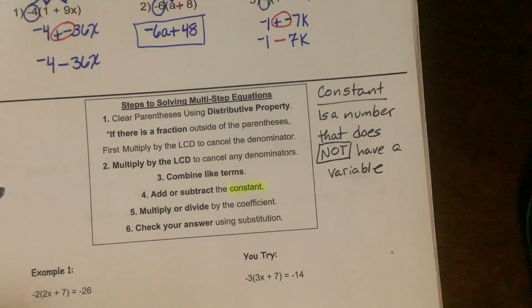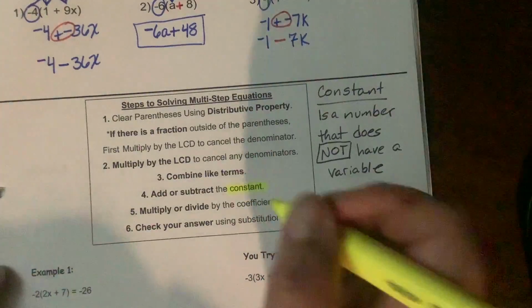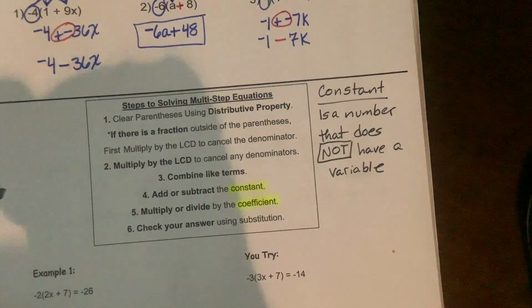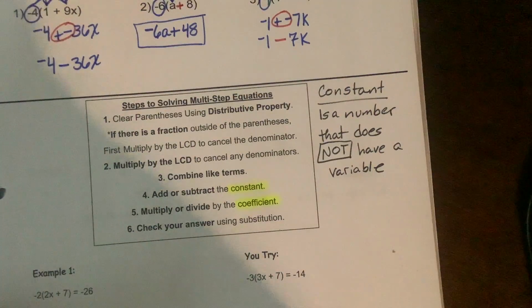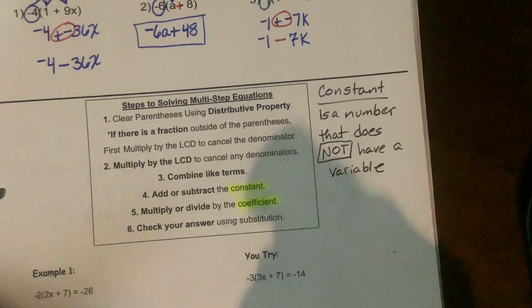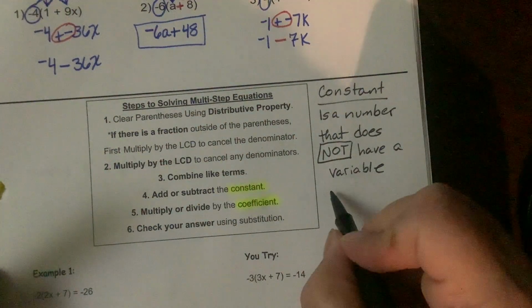Now, what about this other word? Multiply or divide by the coefficient. Now we remember this from way back in the beginning when we were doing exponent rules. The coefficient is the number that you multiply times the variable. So here we go.